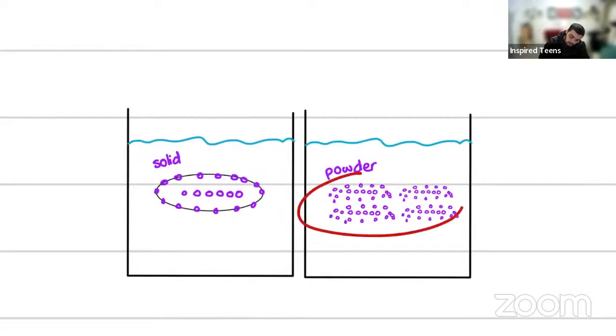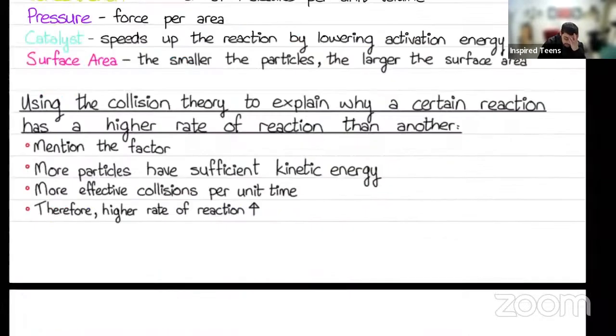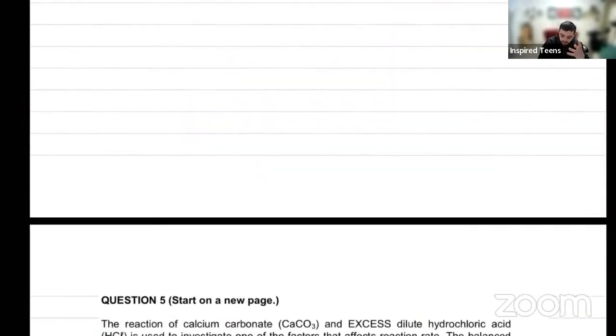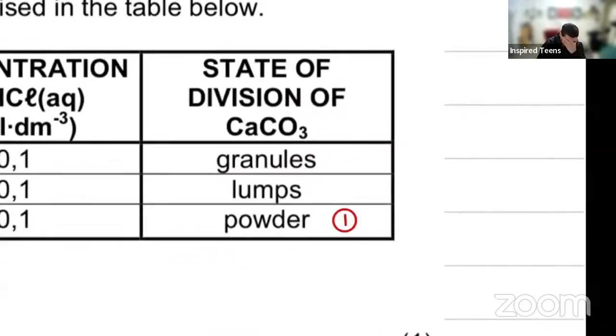But when something's a powder, all of this solid is crushed into fine particles, and it's almost like every particle is exposed. So when we react the powder, every single particle of that powder reacts at once, and the reaction takes place much faster compared to reacting with the outside, then the next layer, then the next layer, and eventually getting to the middle. So powder has the highest surface area, therefore the highest rate of reaction.